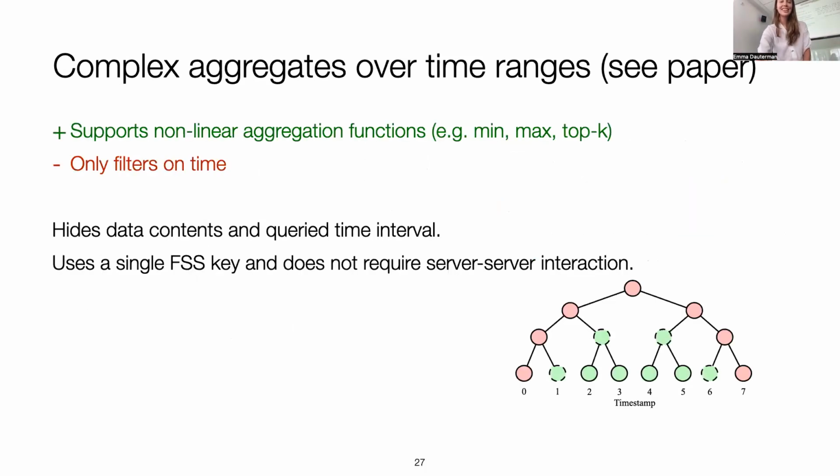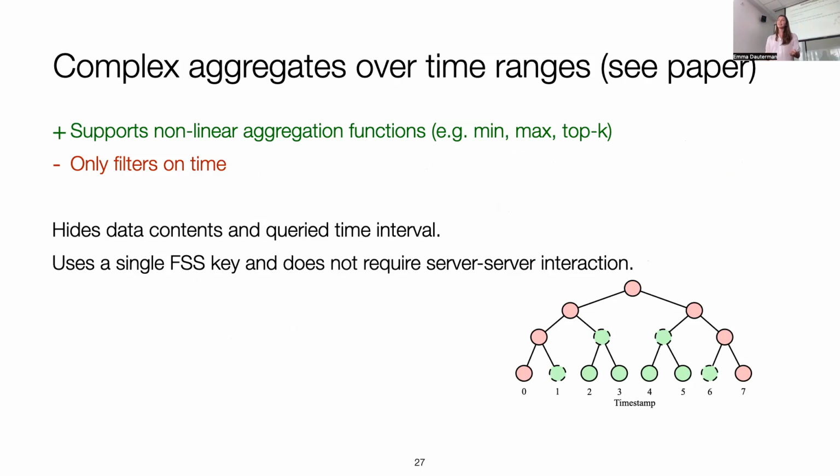Okay, and then there's another construction that I don't have time to talk about in detail, but just want to mention that it's there in the paper if you're curious. So far we've just talked about linear aggregation functions, but for some applications you might care about nonlinear aggregation functions like max, min, or top k.